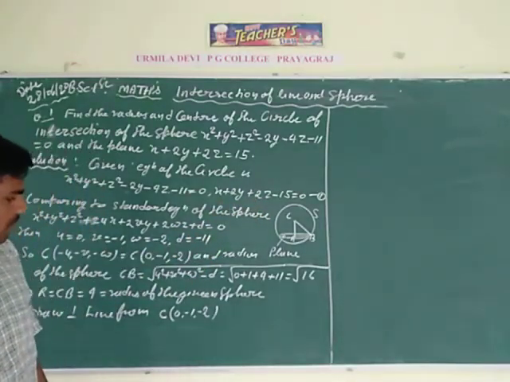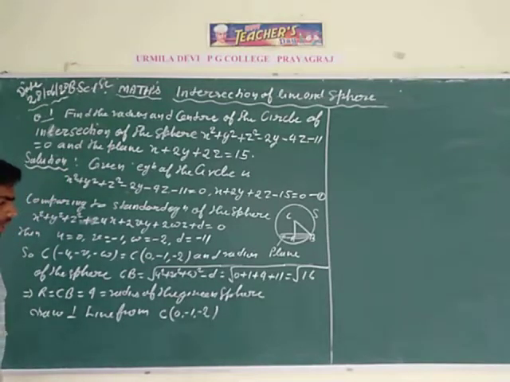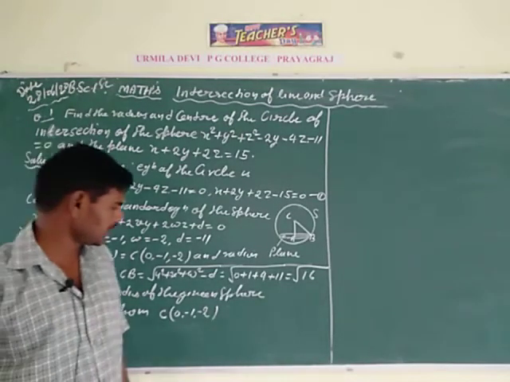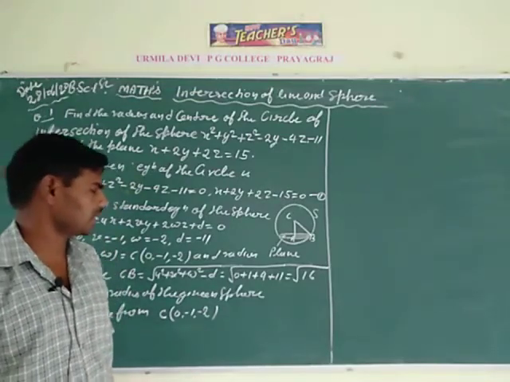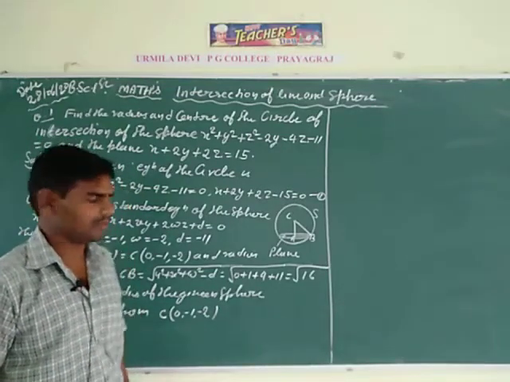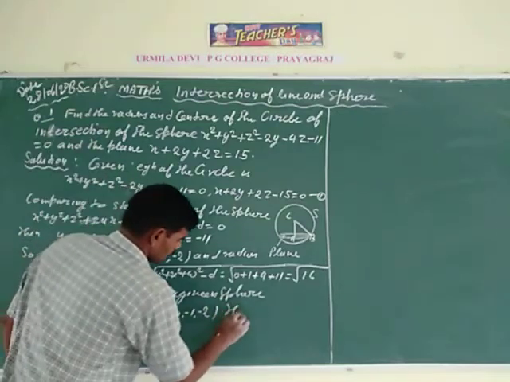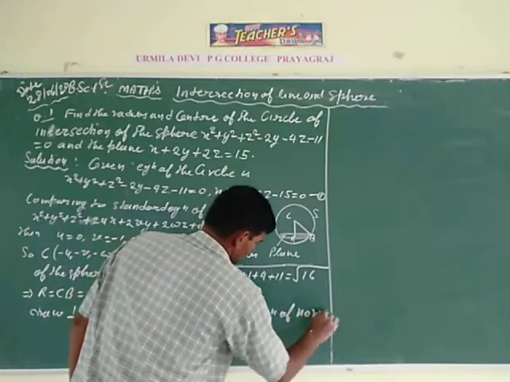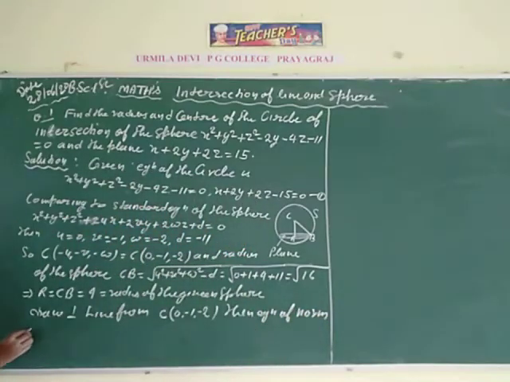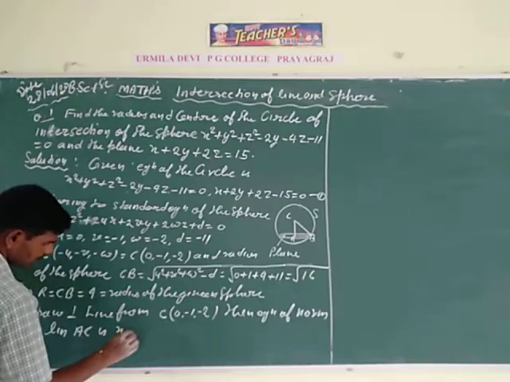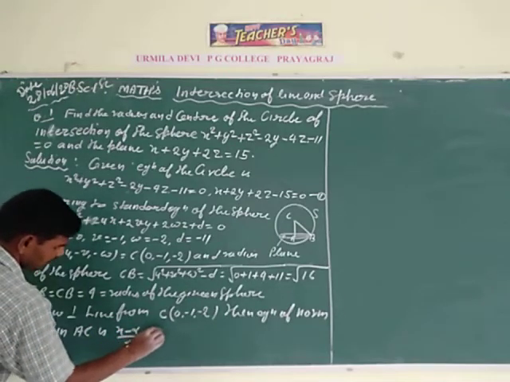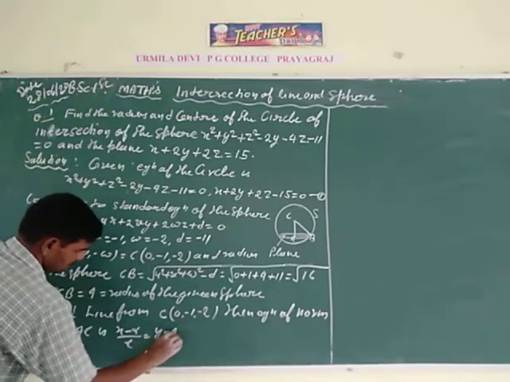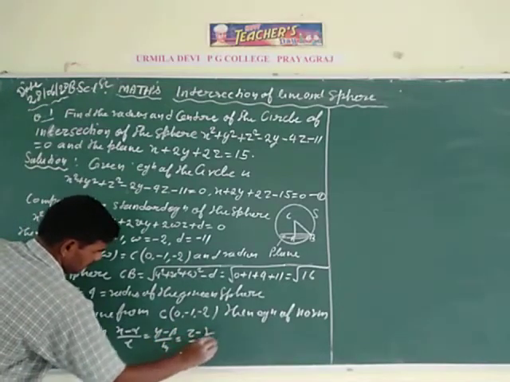If you know the coordinates of a point through which the line is passing and the direction ratios of the line, then you can write the equation of the line, meaning the equation of the normal line AC, which is x minus alpha by L, y minus beta by m and z minus gamma by n.